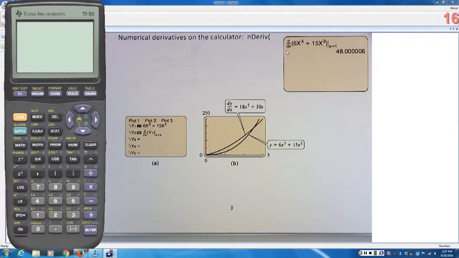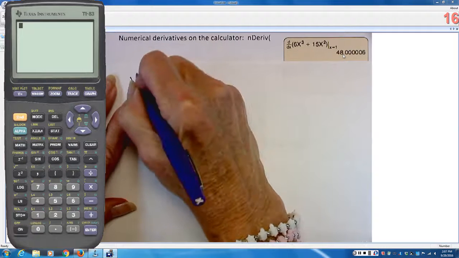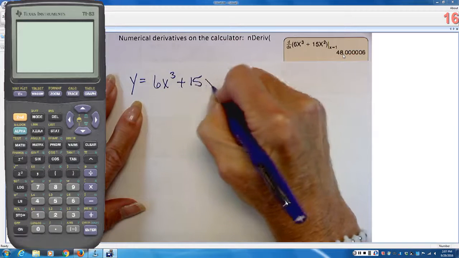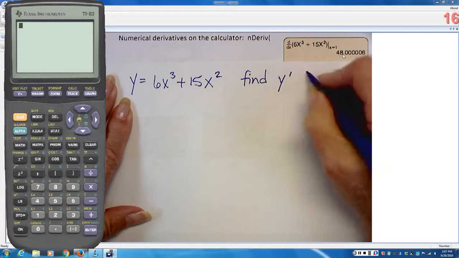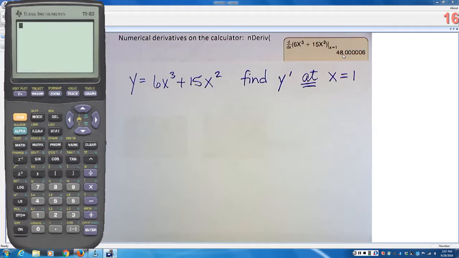So if I want to find the derivative of 6x to the third plus 15x squared, finding y prime at x equals 1.